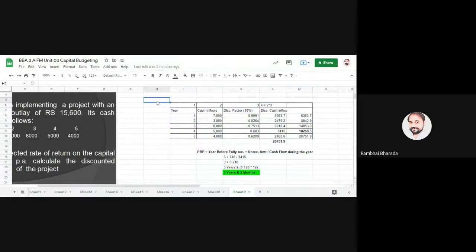So in payback period we have understood 3 different varieties. Number 1, in which every year cash inflow is the same: initial outflow or project cost upon cash inflow during the year, PBP is equal to that. Second variety, when cash inflow is not equal: payback period is the year before full recovery plus unrecovered amount upon cash inflow during the year.